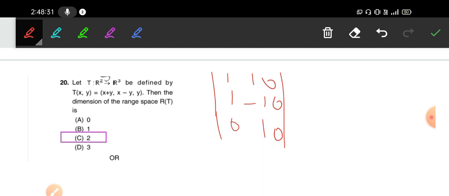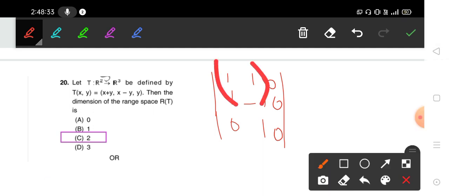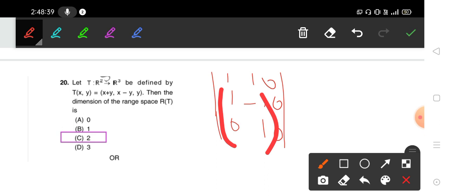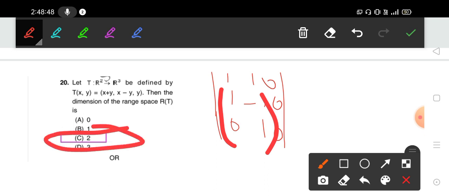Then find the determinant of the 2 cross 2 matrix, and it is non-zero, therefore option C is correct. The determinant of the 2 cross 2 matrix is non-zero, therefore the rank is 2.